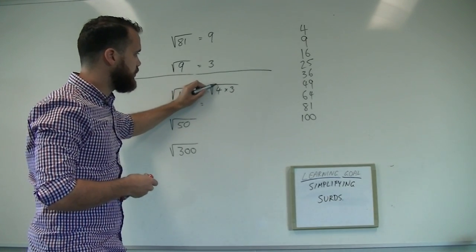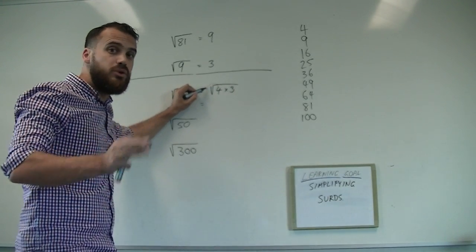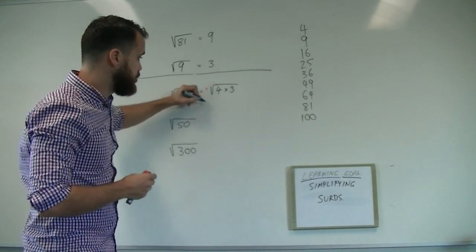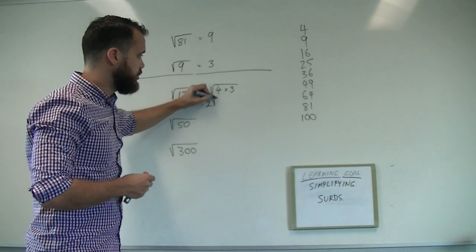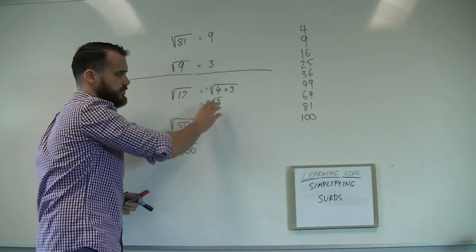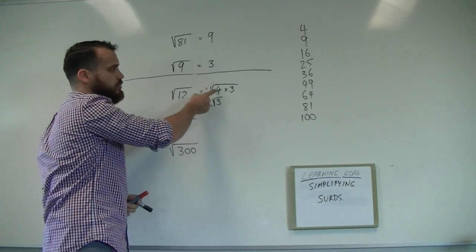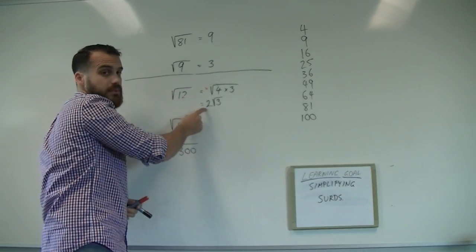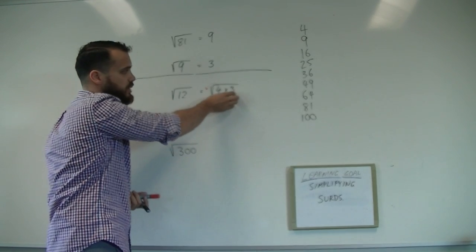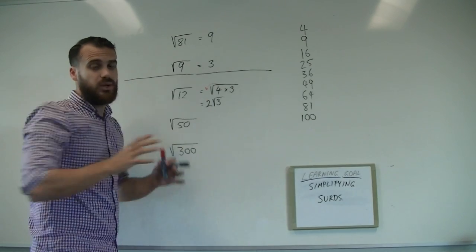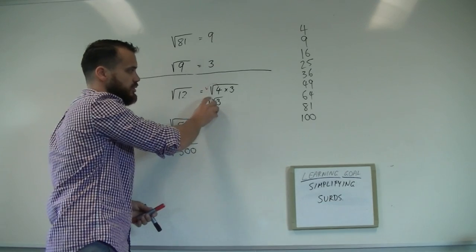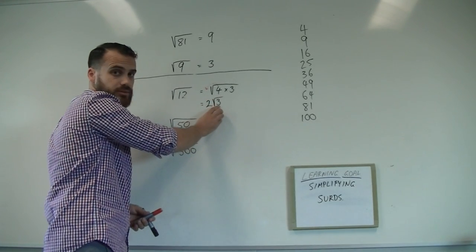The 4 moves outside of the square root, and when it moves outside, it becomes the square root of 4. It becomes 2. Root 3. Okay, so just slowing it down. That 4 moved out of here. When it moved out, it became 2, because 2 is the square root of 4. And then what are we left over with? We're left over with a 3. So I've simplified root 12 to 2 root 3.